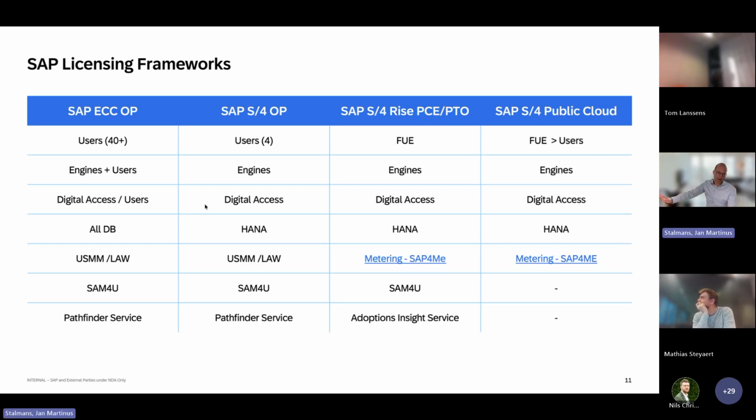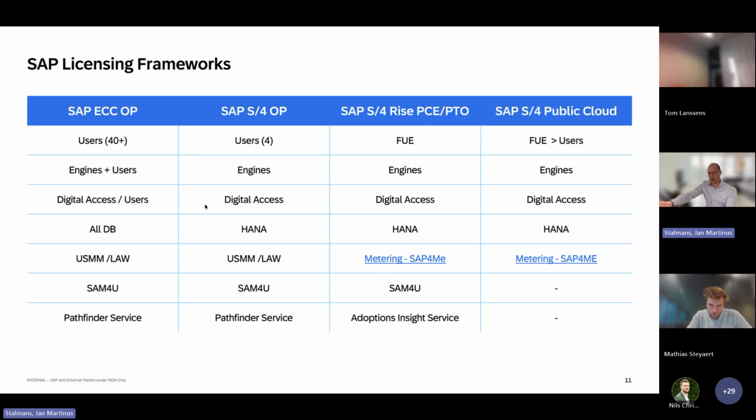The long-term vision for SAP is, of course, to move customers to the public cloud. That's a long journey, but we see already now that we're moving away from the FUE principles there, because we are splitting up the digital core of SAP into business suite segments, where logistics will be a separate entity, finance will be a separate entity, and then some core stuff that will be licensed for users in a separate way.